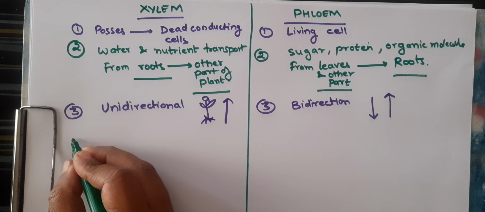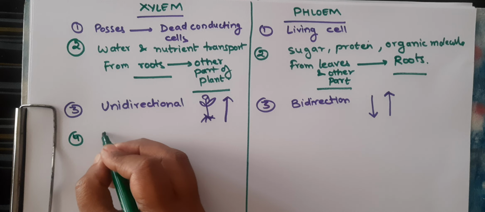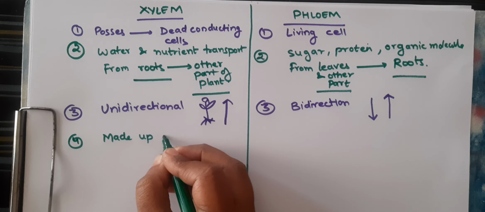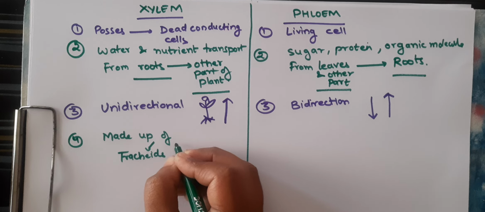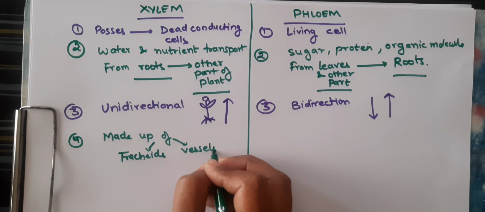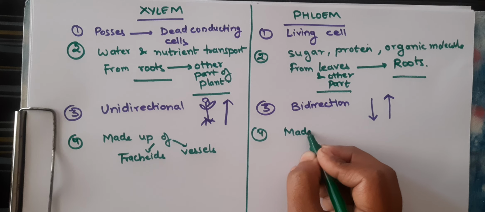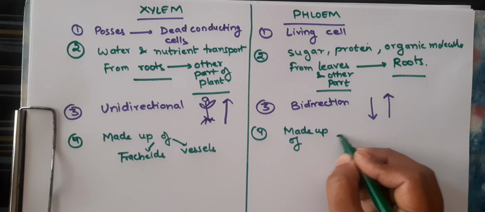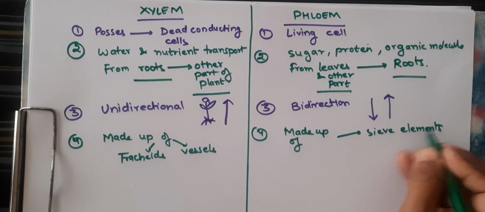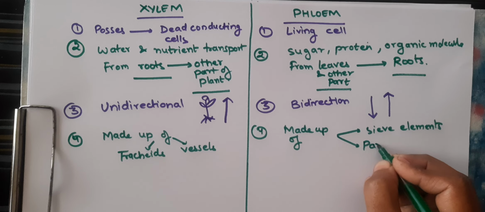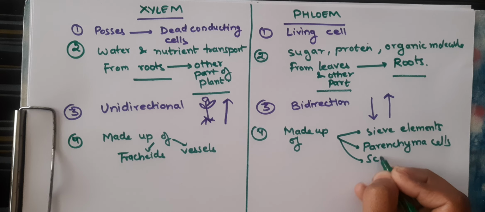The fourth difference between the xylem and the phloem is that the xylem is made up of tracheids and vessels, whereas the phloem is made up of sieve elements, parenchyma cells, and sclerenchyma cells.